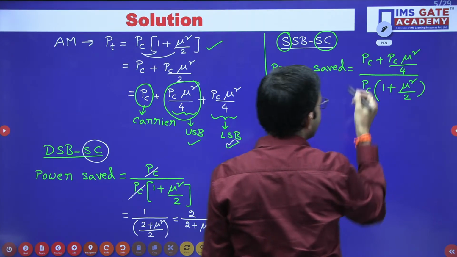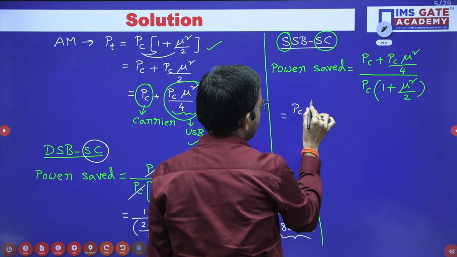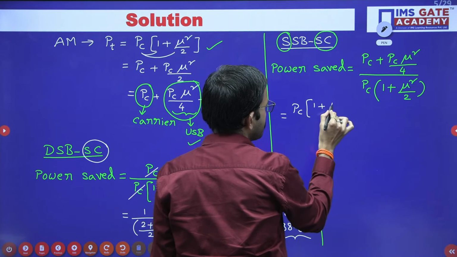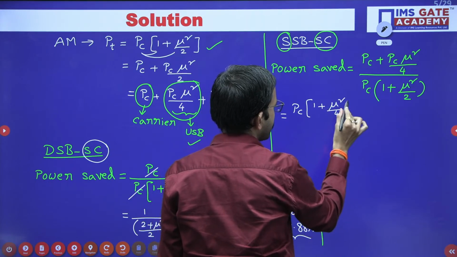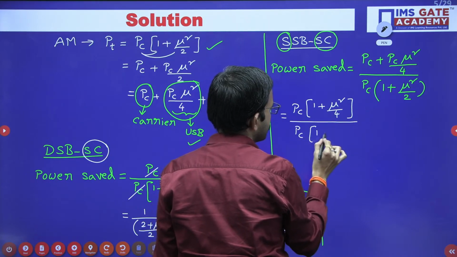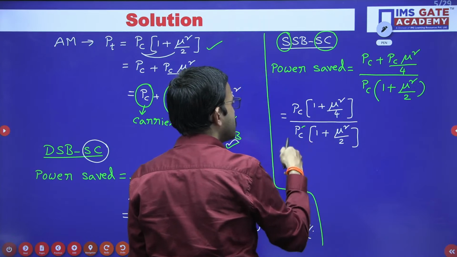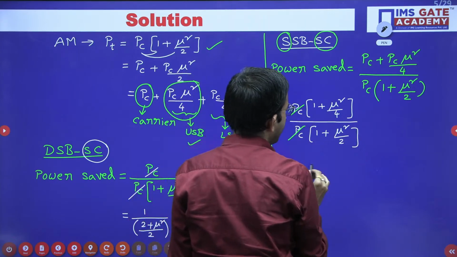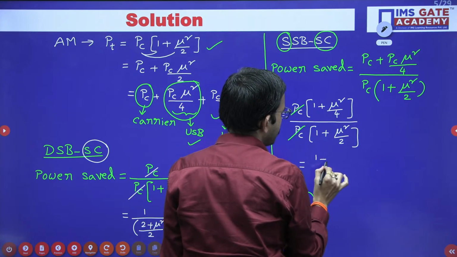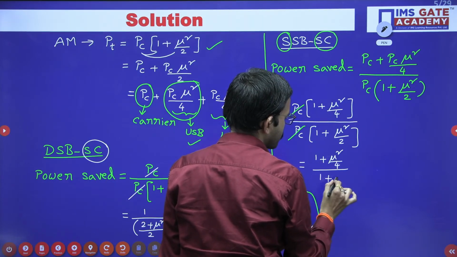In the numerator you can take PC as common. Then you will get PC into 1 plus mu square by 4, divided by PC into 1 plus mu square by 2. So here PC will get cancelled. You will get 1 plus mu square by 4 divided by 1 plus mu square by 2.